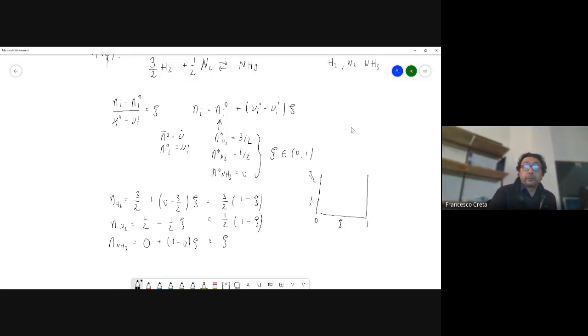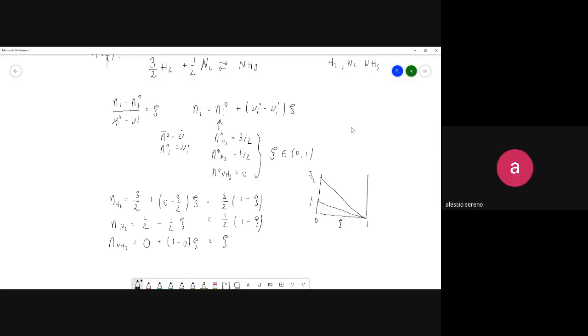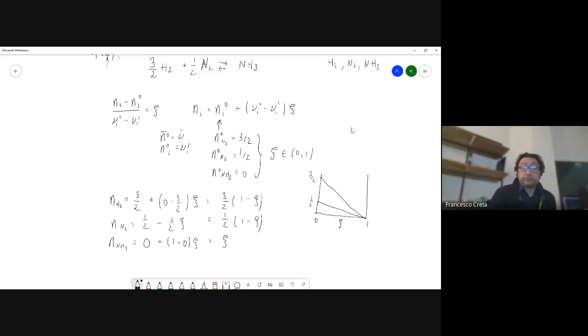They linearly go to 0 here. Wow, that was straight. Can you hear me, by the way? I haven't been talking to myself. Yes, yes. And so this is hydrogen, and this is nitrogen, and this clearly is ammonia.